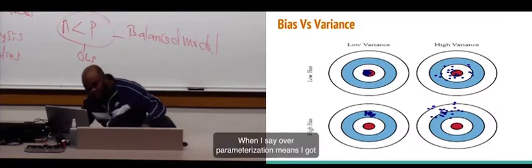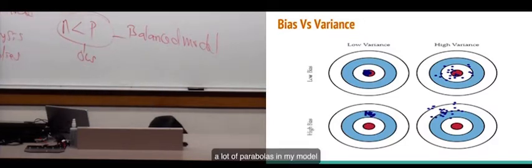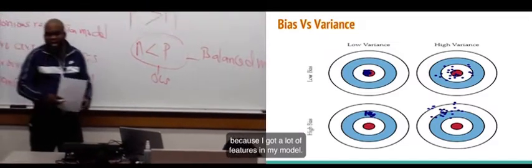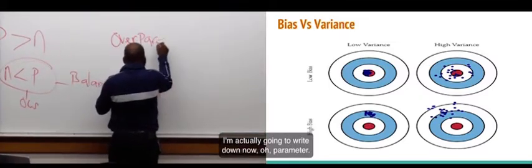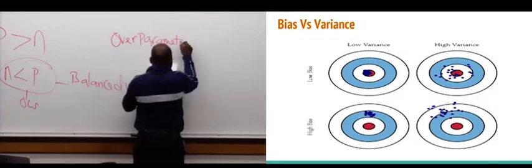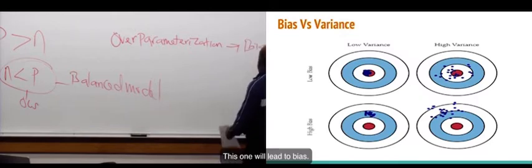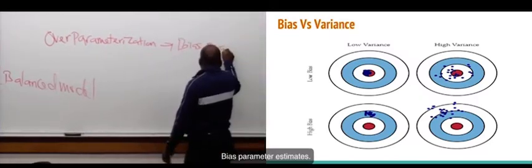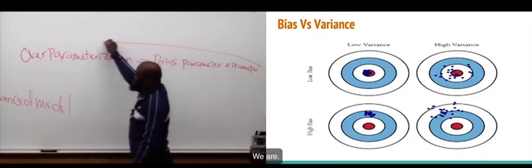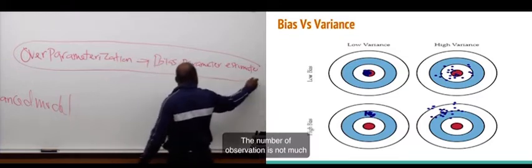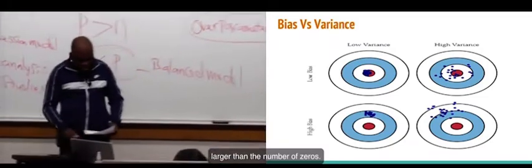When I say over-parameterization, it means I have a lot of parameters in my model because I have a lot of features in my model. I'm going to write that now. Over-parameterize. And the over-parameterization will lead to biased parameter estimates.